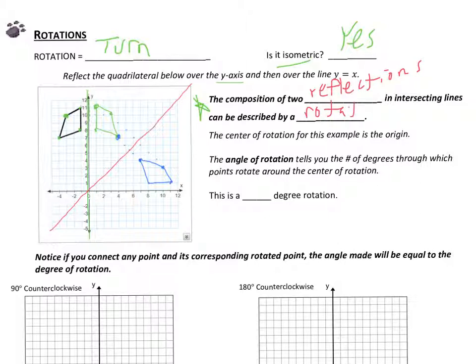And if you think about it, this original shape has been rotated to become that shape. Now we did it by reflection, but 2 reflections in intersecting lines can be described by a rotation. You get the same results as a rotation. We're not going to go into detail, but we end up with a 90-degree rotation, and we'll talk a little bit more about that coming up.